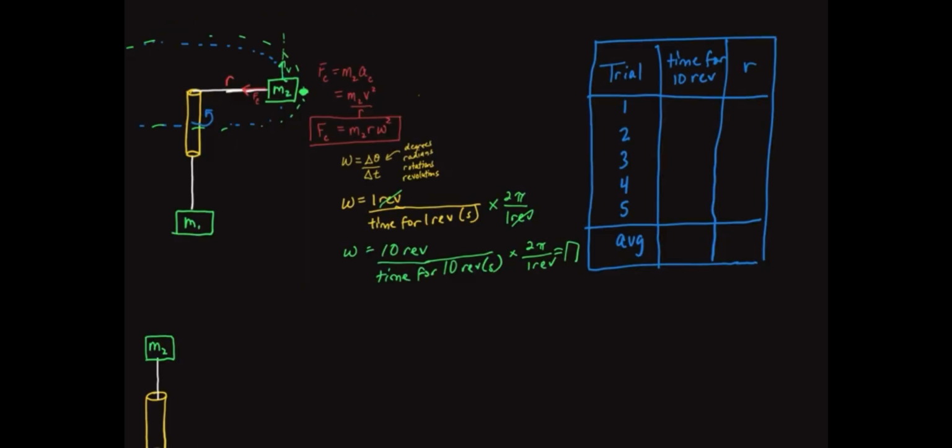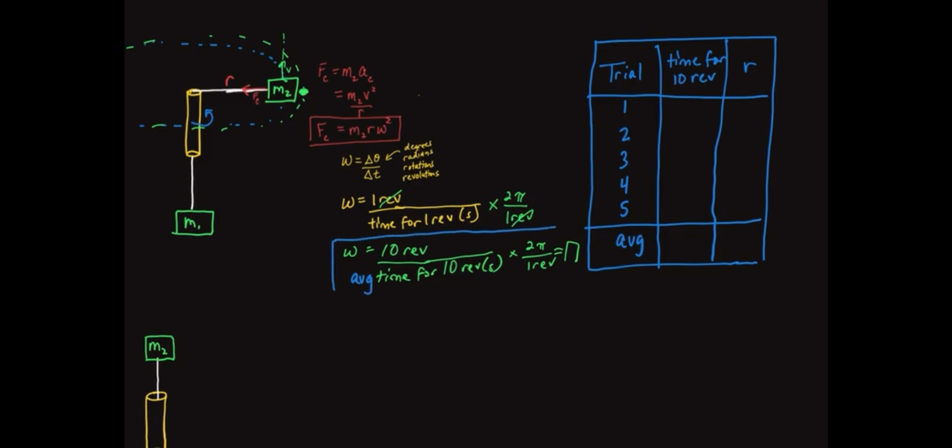Instead of only measuring the time that it takes to do 10 revolutions once, I want you to do it 5 times. You'll repeat this 5 times, each time measuring the time that it takes and the radius. Then you'll calculate the average time and the average radius. The average time is the only one that you're going to plug into the equation for angular speed.